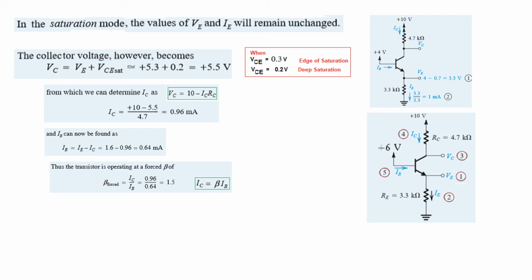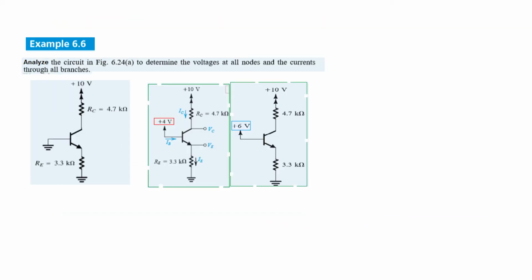So from here, beta forced will be IC over IB, and this is 0.96 over 0.64, so 1.5, and this forced beta is less than the assumed beta, which was 50. So this is okay. Since beta forced is less than the minimum specified value of beta, which was 50, the transistor is indeed in the saturation mode or saturated.